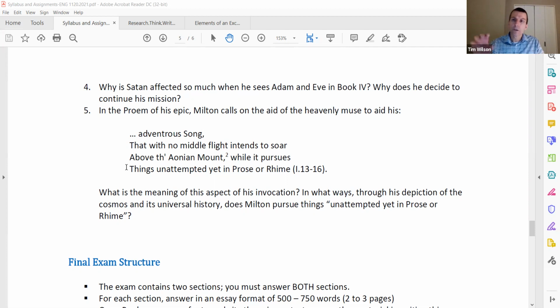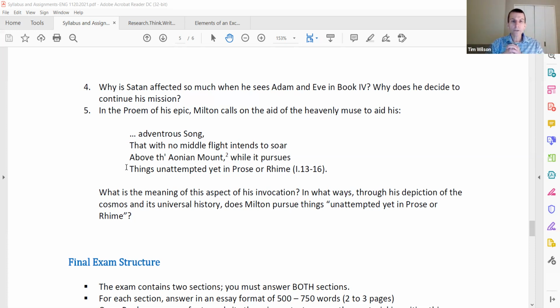And remember, we talked both when we looked quickly at Homer and then when we looked at Virgil, that epic convention of invoking a muse to inspire the poet to be able to describe aspects of, let's say, the future, the past, things in the heavens, things that took place among the gods that humans don't otherwise have access to.